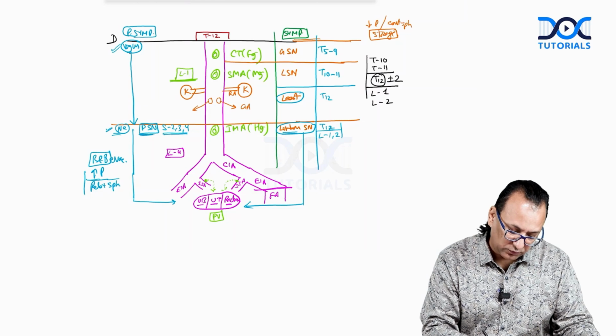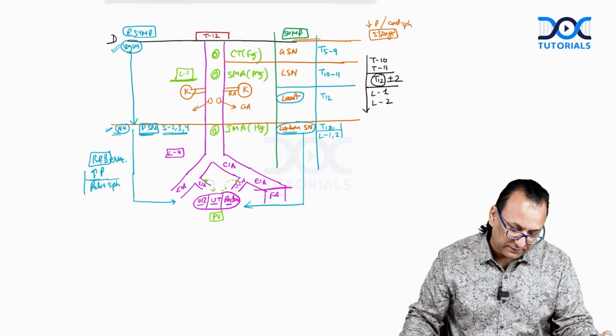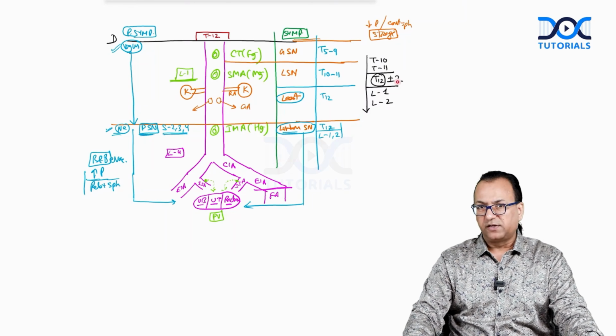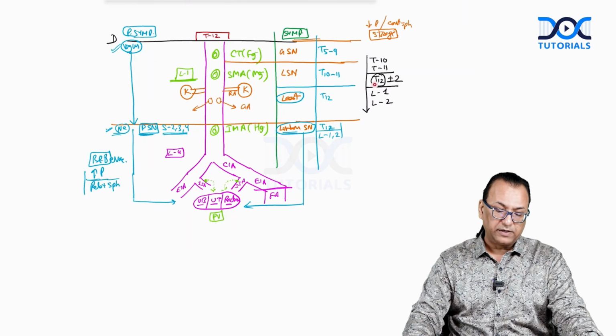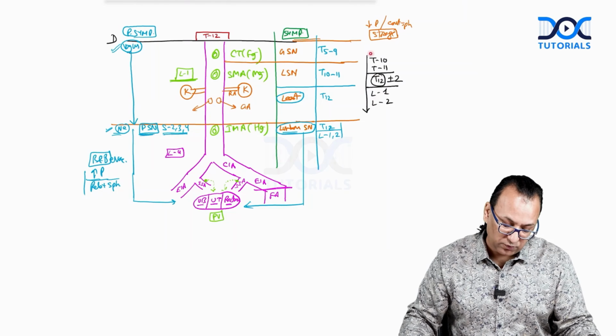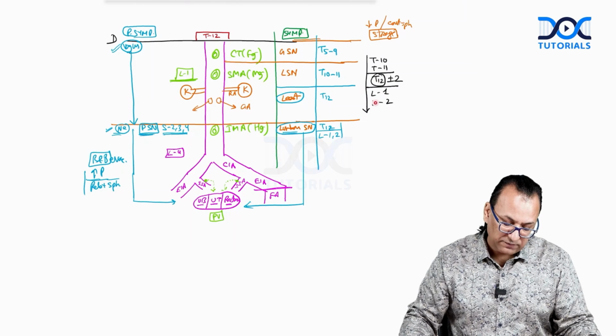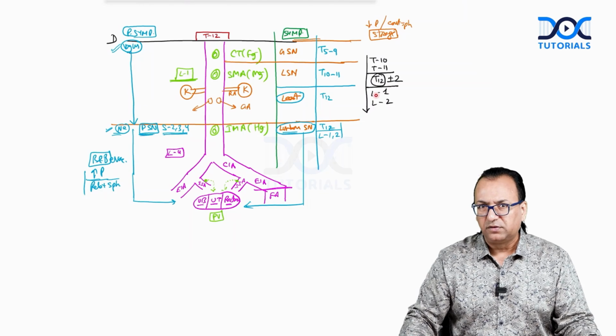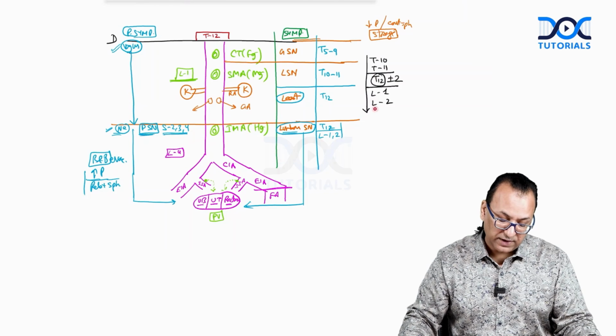So, total 5 values. What I am telling you is kind of a trick. Remember T12 plus minus 2, which means you can go 2 values before and 2 values after. Total it will be 5 root values: T10, 11, 12, L1, L2. Now T10, 11, 12, L1, L2 are the 5 root values for 5 organs. And what are the 5 organs?